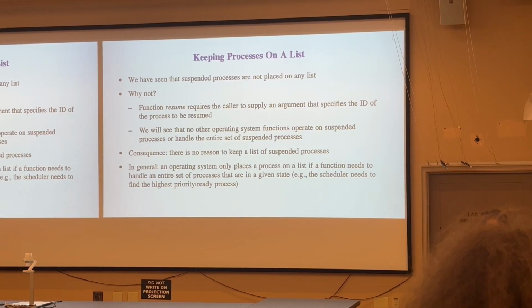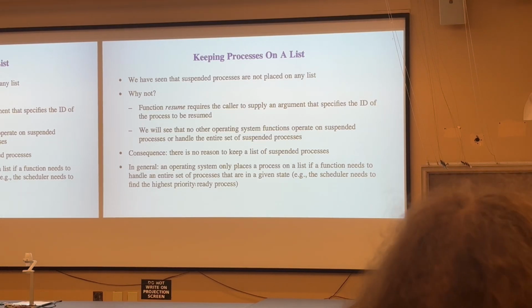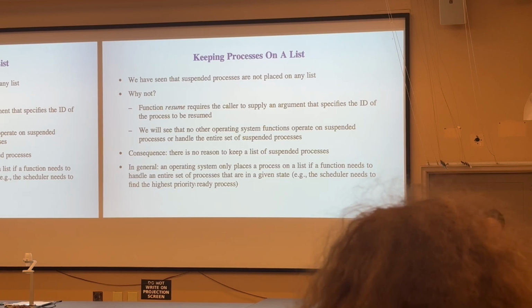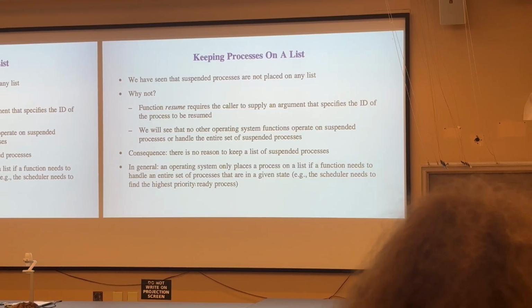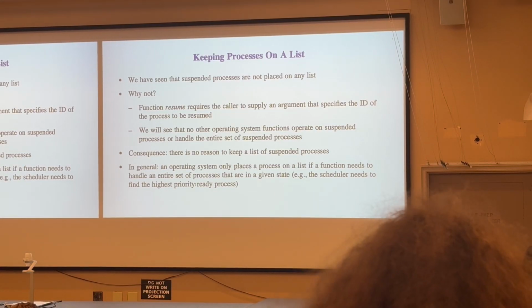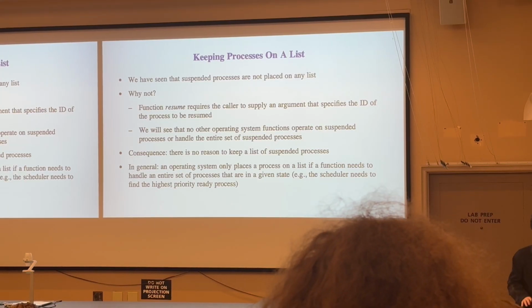The only functionality that manipulates these suspended processes is resuming them one by one, specifically picked by the application. The application directly picks which process to resume. So there's no function that handles the entire set of suspended processes, so you avoid any list.